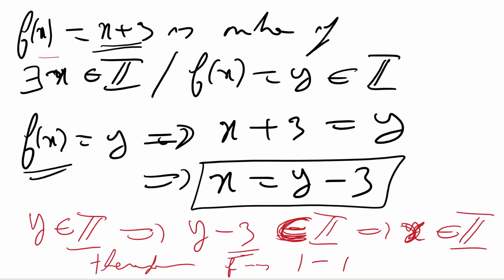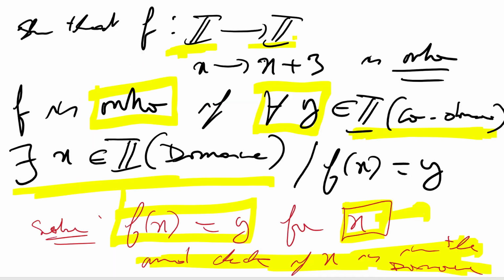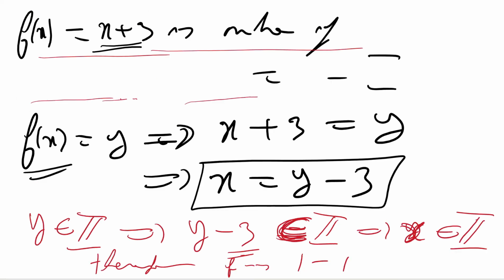We want to show that this function is onto if for every x in the domain there must exist a certain... no, this is the opposite. Did I write it correctly here? Yeah, I made a mistake here.